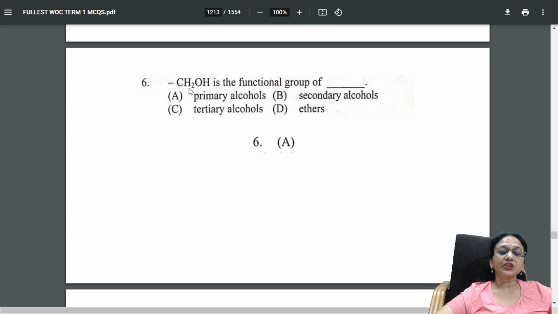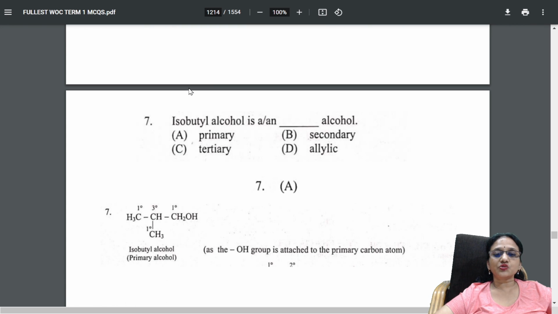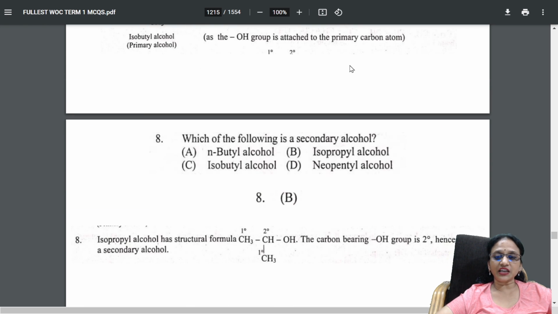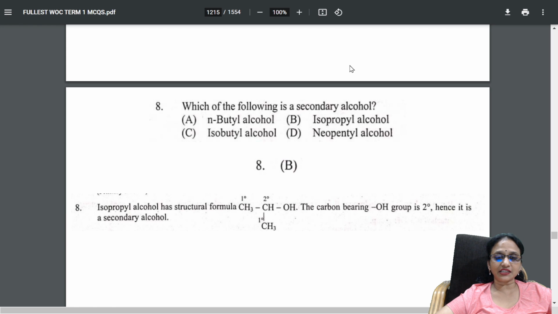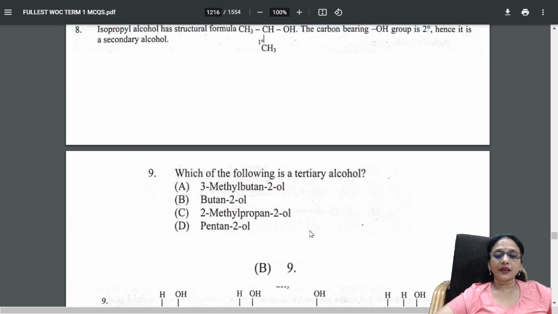We very well know that if it is primary, there are 2 hydrogens and 1 alkyl group. So isobutyl alcohol is primary, fine. And for the secondary alcohol, there is a question asked like this with the formula. So this is your secondary alcohol because it has 1 hydrogen atom and 2 alkyl groups.